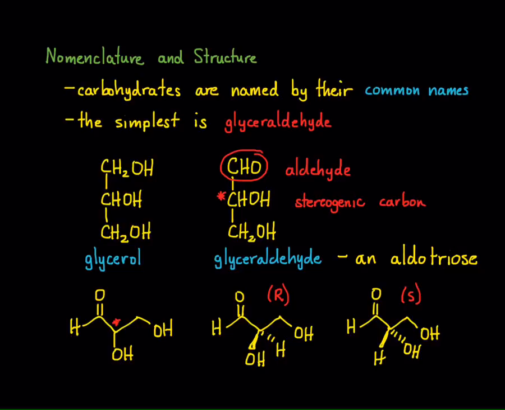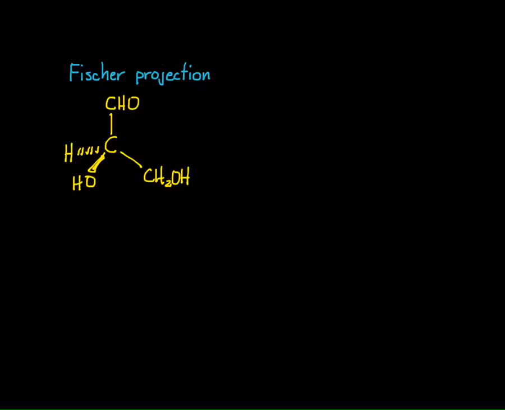But when we get into carbohydrate chemistry with all of its stereogenic centers, oftentimes it becomes much easier to draw what's called a Fischer projection. So let's take a look at how we draw Fischer projections. And I'm going to start by simply drawing the tetrahedral stereogenic carbon, and I'm going to place the aldehyde on the top.